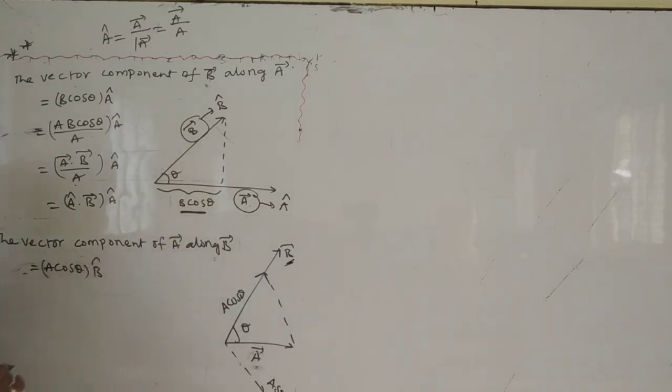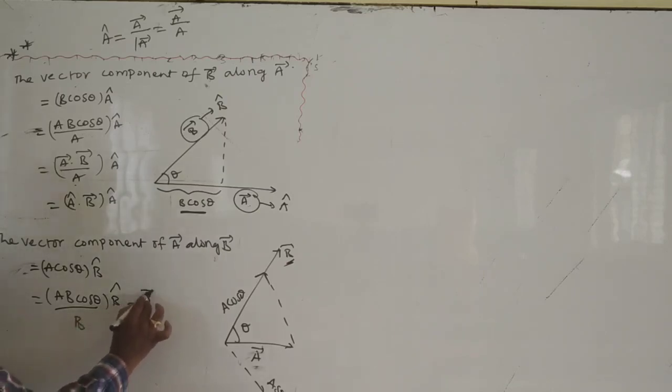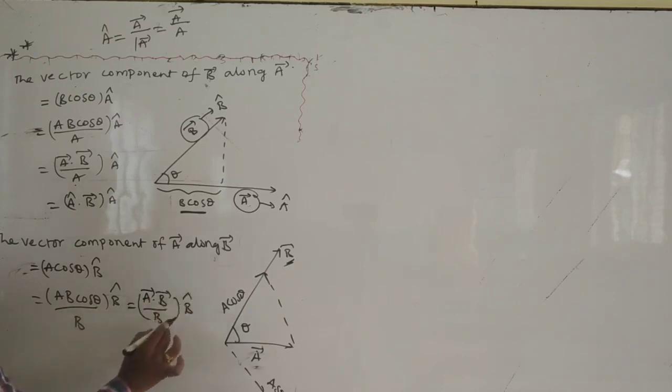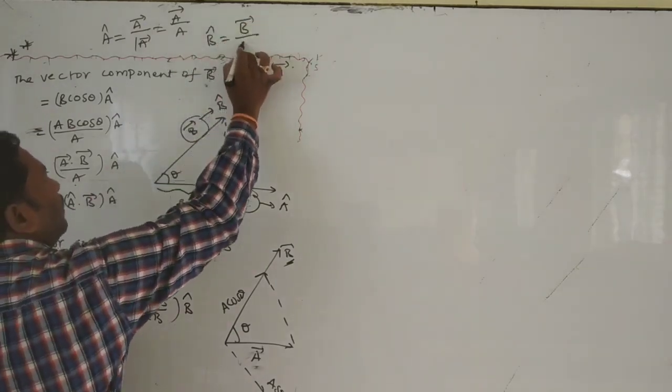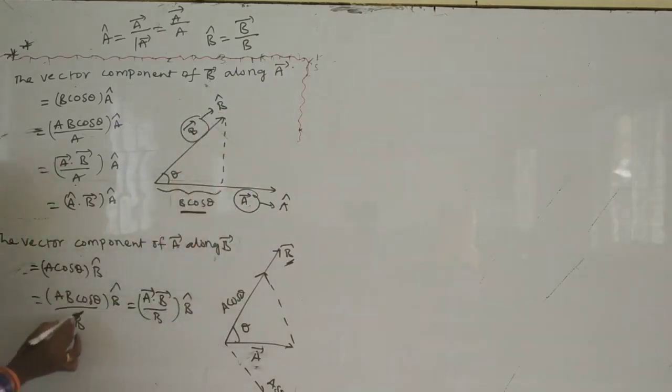Now multiply and divide by B, the magnitude of B. Then we can write A bar dot B bar by B into B cap. Similarly B cap equals B bar by modulus of B bar, meaning B. Finally we can write A bar dot B cap into B cap. Thank you.